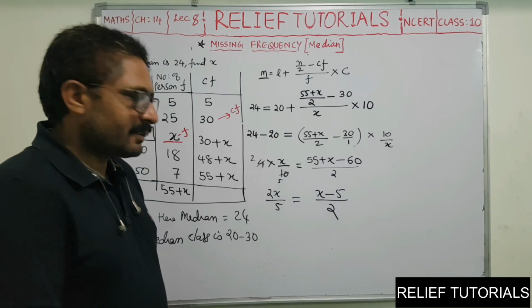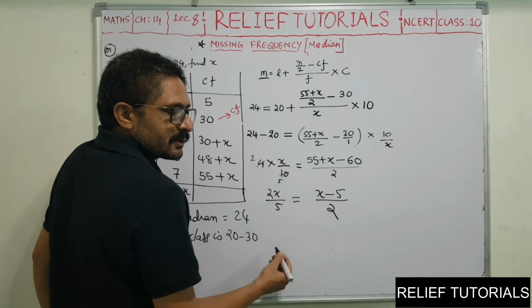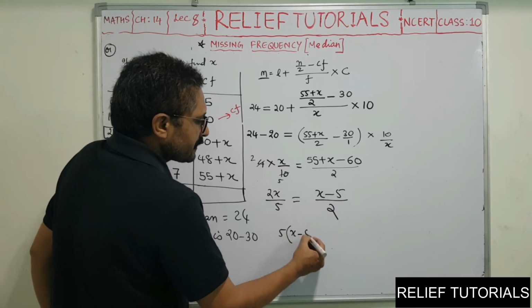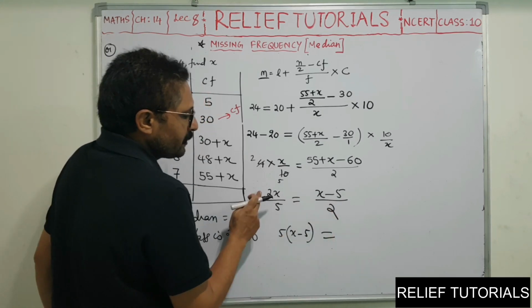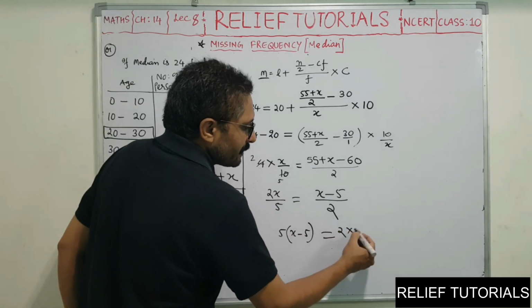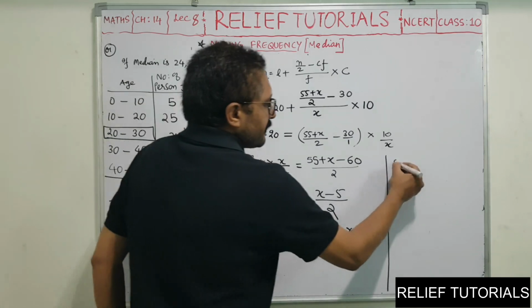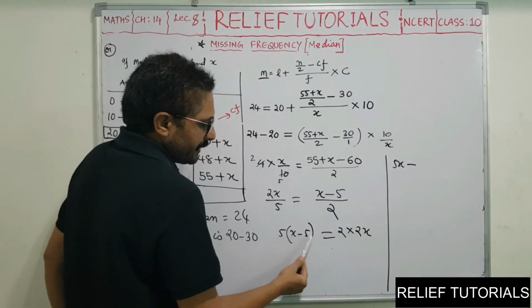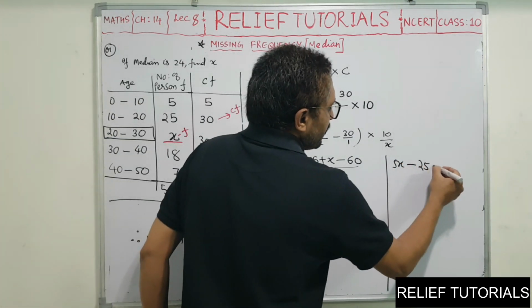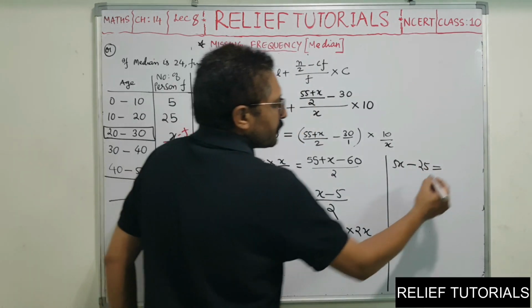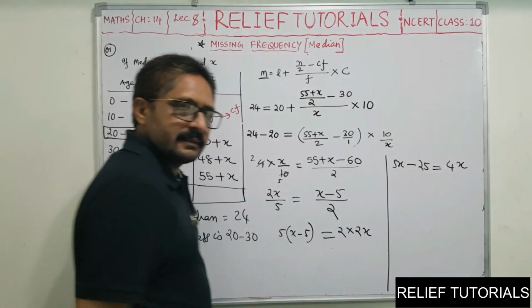Cross multiplication. 5 into x minus 5 is equals to 2 into 2x. 5 into x, 5x, minus 5 into 5, 25, is equals to 2 into 2x, 4x.